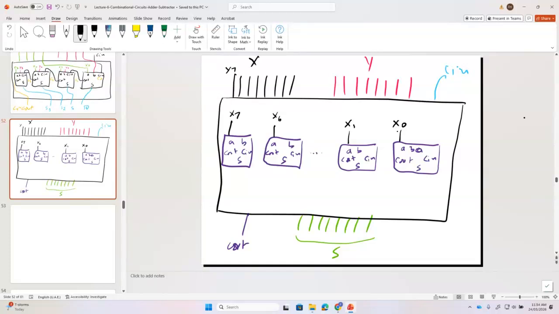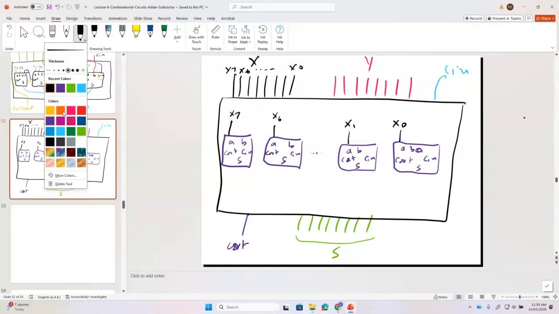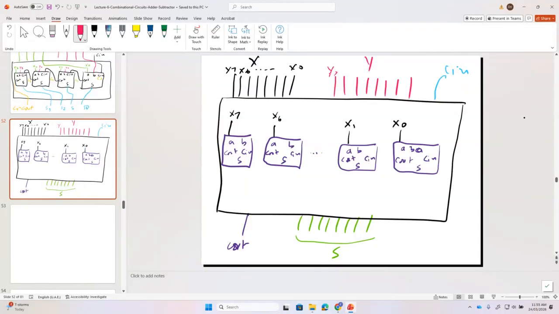So this is my X7 and X6, and so on until X0. Now we connect Y: this is my Y7, then Y6, and so on until Y1 and Y0. What should I connect this B to? Y0, Y1, and then Y6.